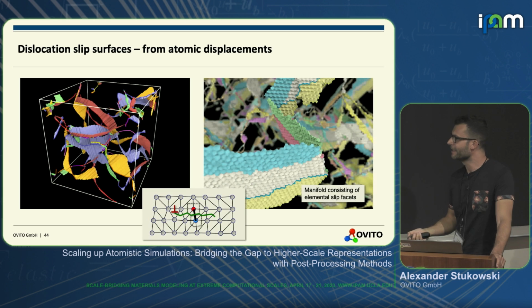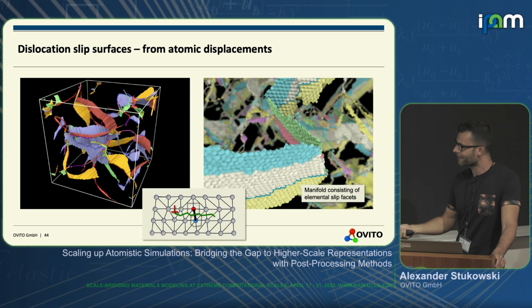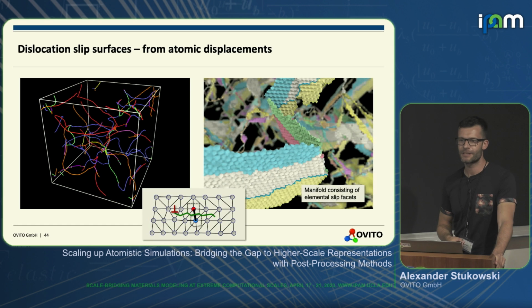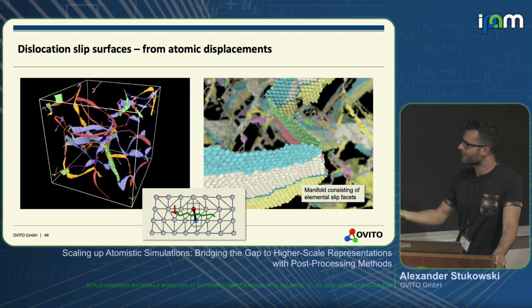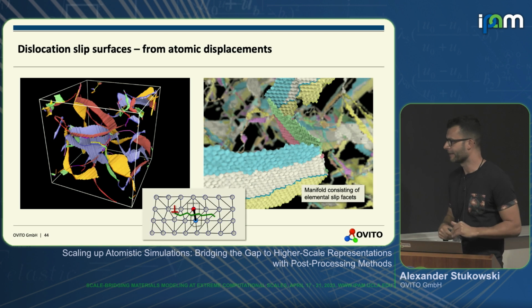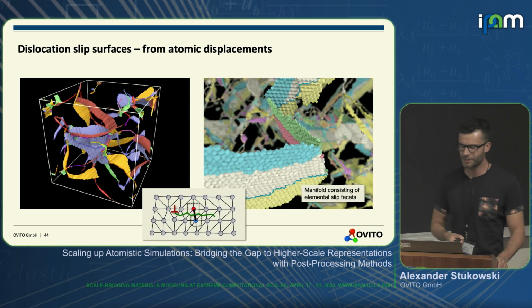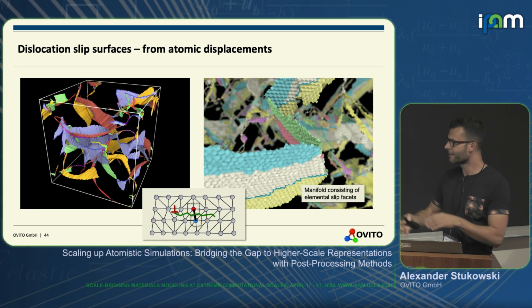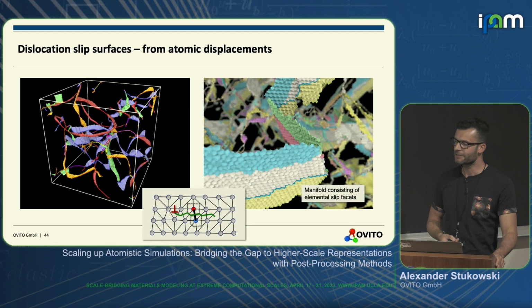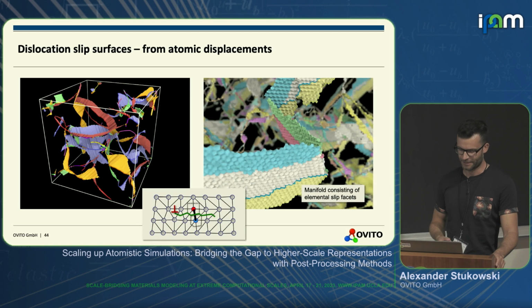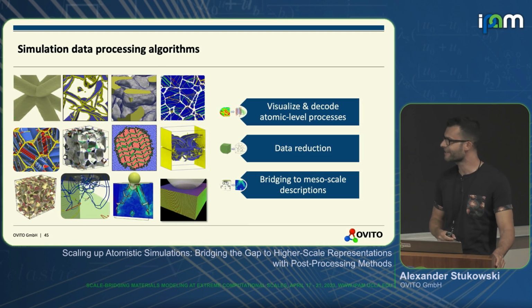And here the idea is that we basically detect elementary slip processes at the atomic level, then generate elementary slip facets, to build up a manifold representation of the slip surfaces and the slip paths of dislocations. The entire history of dislocation reactions will be contained in that representation. That's the idea.